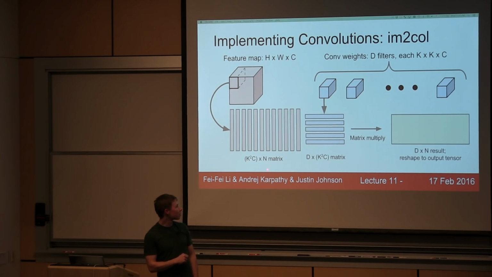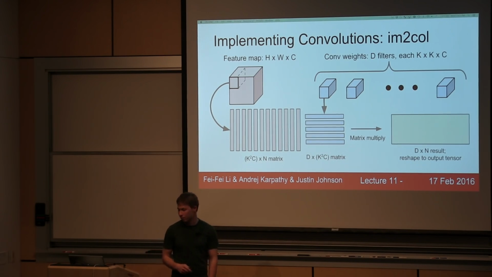I apologize for these dimensions not working out. I probably should have swapped these two to make it more obvious, but I think you get the idea. So this gives you a D by N result. That D is our number of output filters, and that N is for all the receptive field locations in the image. Then you play a similar trick to reshape this into your 3D output tensor.